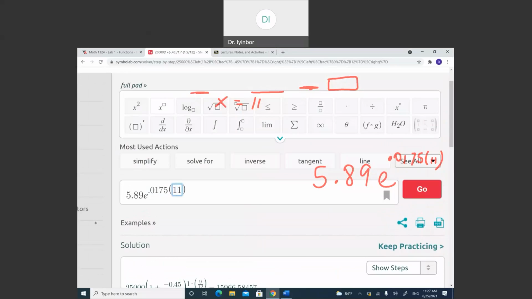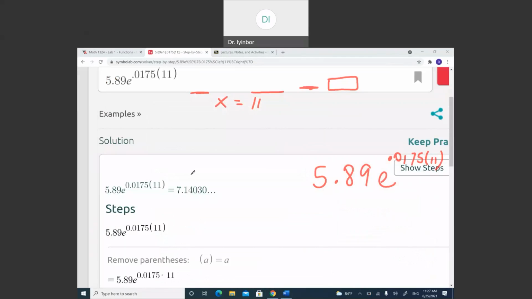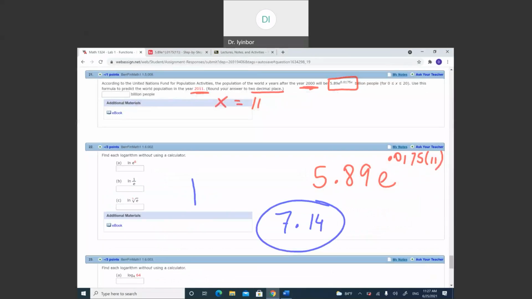And then we need to round to 2 decimal places, so my answer is going to be 7.14 billion people, because here the answer is in billion people. 7.14. Okay. And we're done with that.